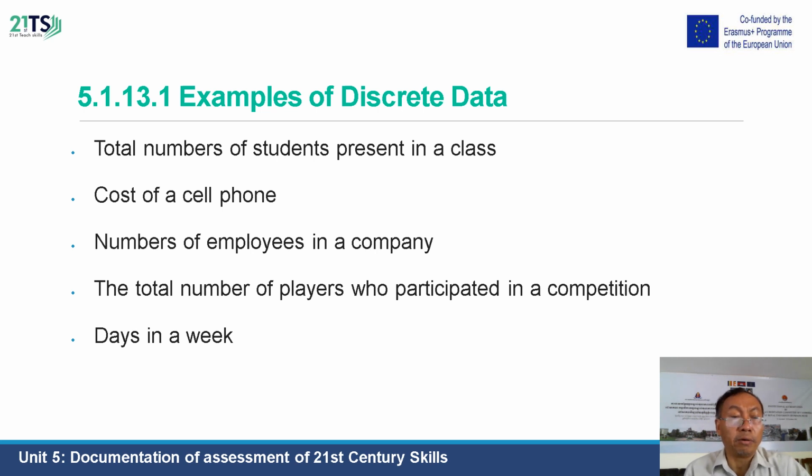Information related to the total number of students present in a class, the cost of cell phones, the number of employees in a company, the total number of players who participated in a competition, and the days of the week fall under the category of discrete data.